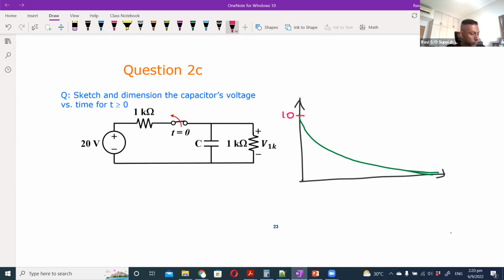The tau in this case, RC, is 19 seconds. So at 19 seconds, it falls to 36.8% of the start or original value.